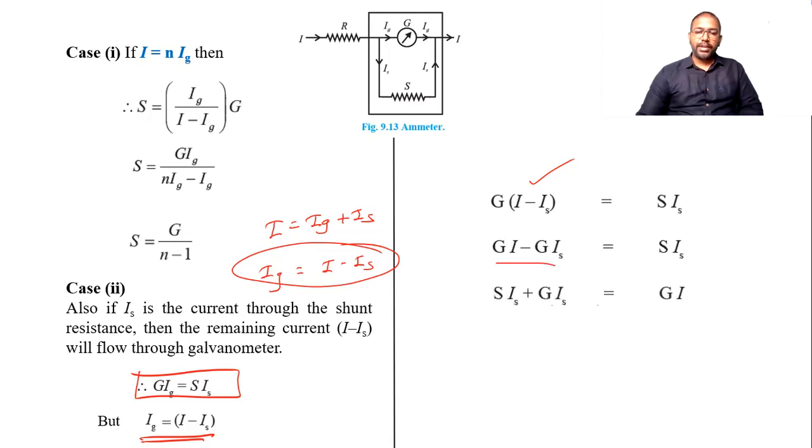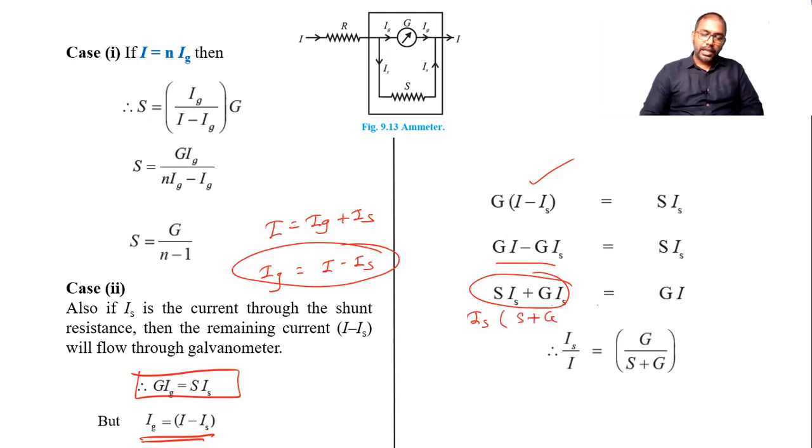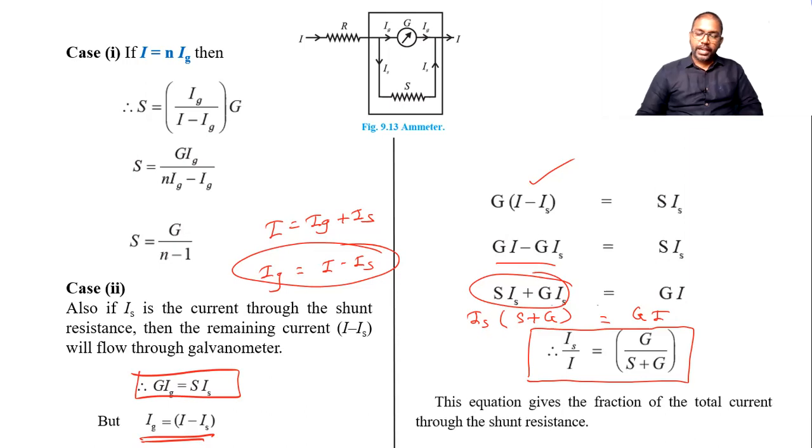Then we write this formula: G into I is equal to S into IS plus G into IS. We take IS common, so S plus G into IS is equal to G into I. So we write IS by I equal to G upon S plus G. This is the formula for the fraction of the total current passing through the shunt.